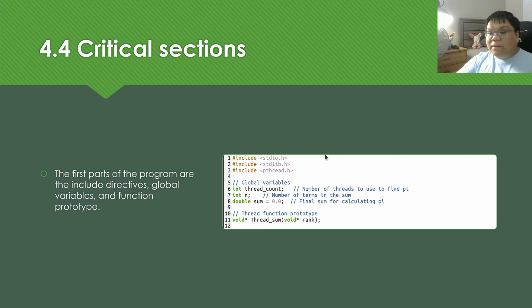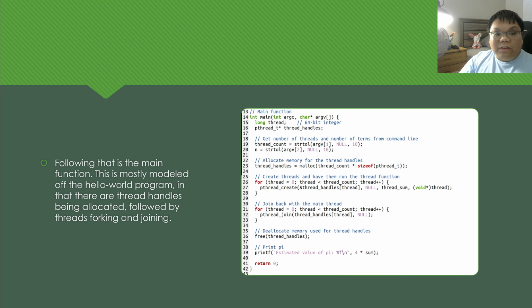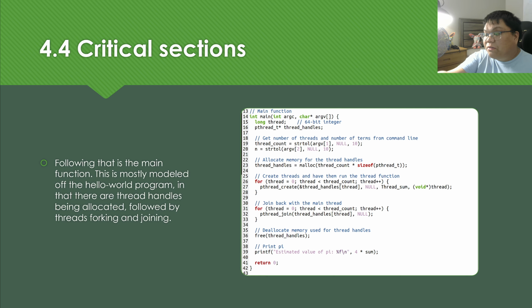So this is what the code for that would look like. So this is just all the preliminary stuff: all the include directives, global variables, and the necessary function prototype. Everything after that is just the main function. A lot of it is modeled off of our hello world program, where we have to allocate memory for our thread handles.